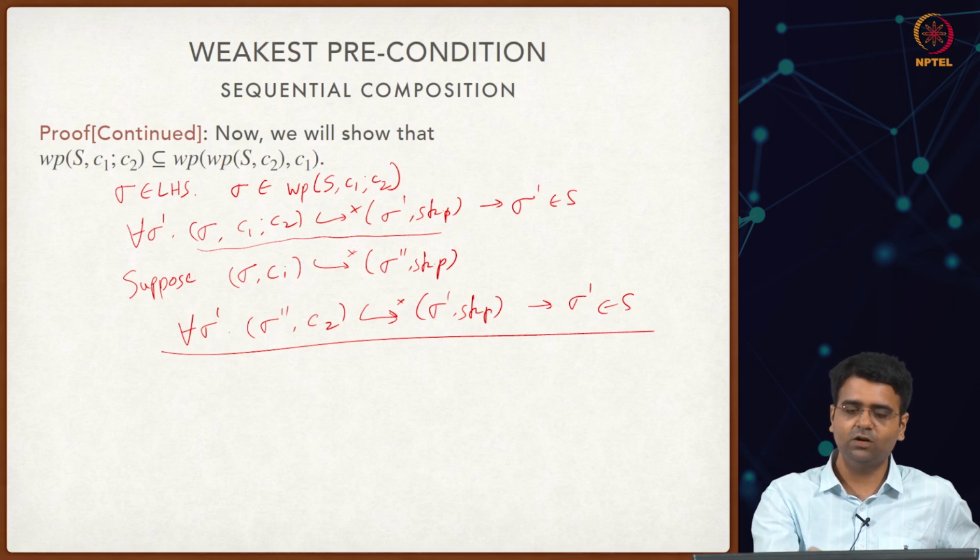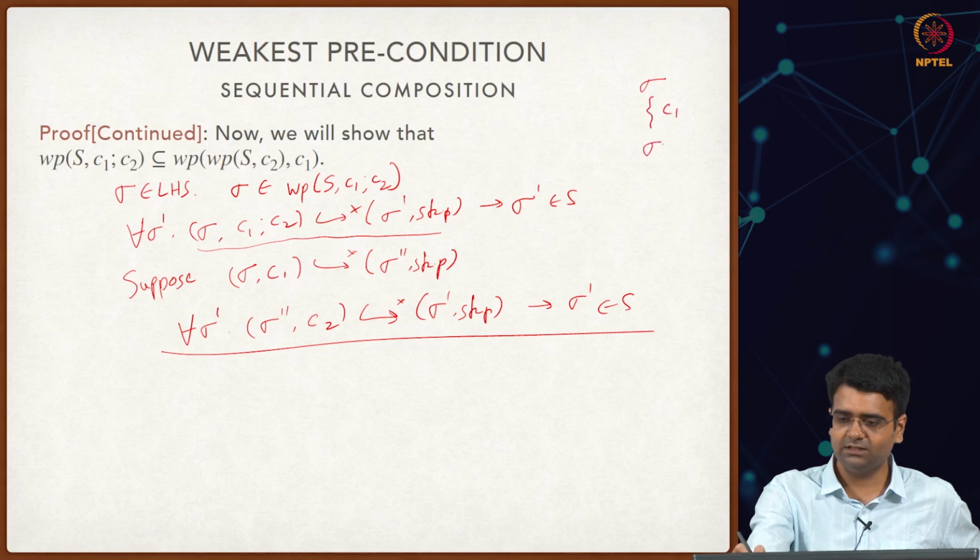From sigma, on executing C1 I reach the state sigma double prime. Now there could be multiple executions of C2, which may lead to multiple different states, but whatever state it leads to, in this case sigma prime, is effectively obtained by executing C1 followed by C2 on sigma.